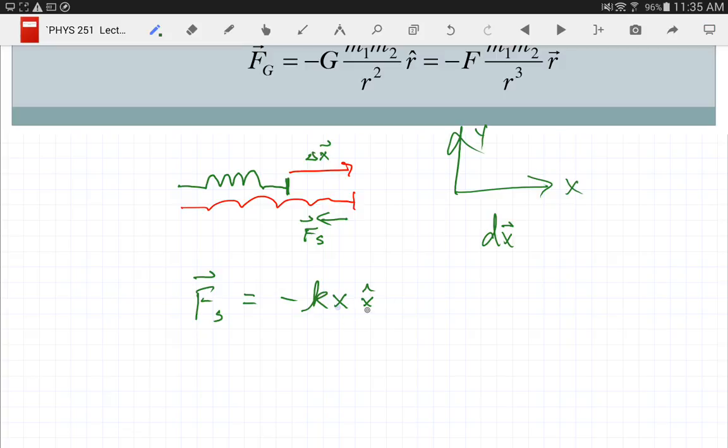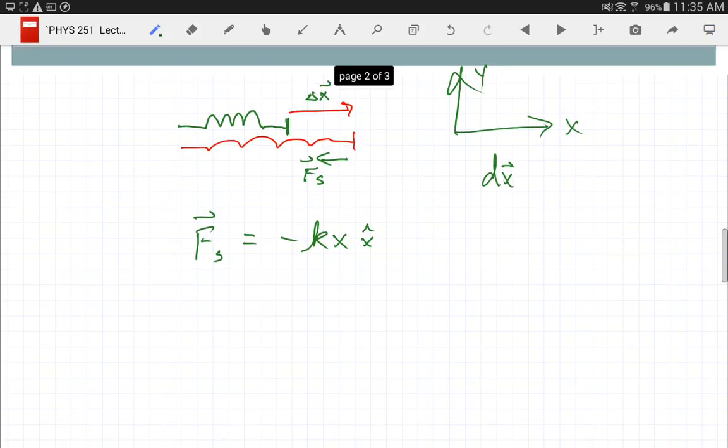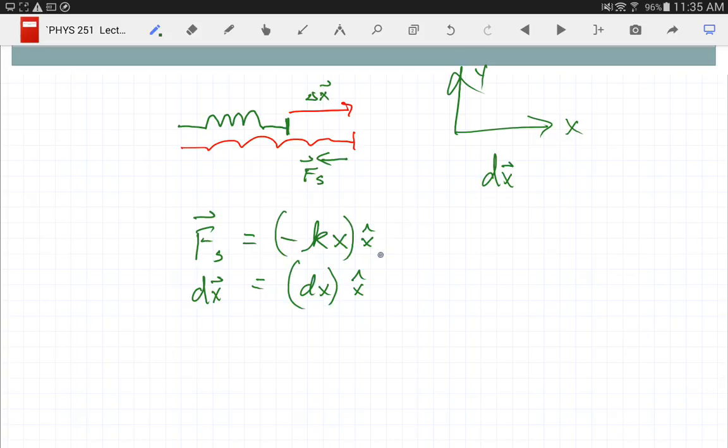Right, the x vector was x hat. And dx is equal to dx in the x hat direction. So what I've done is I've put the magnitudes out front and then the direction. Actually, I shouldn't say the magnitude out front if I put the minus sign there, because the minus sign really goes with the direction part.